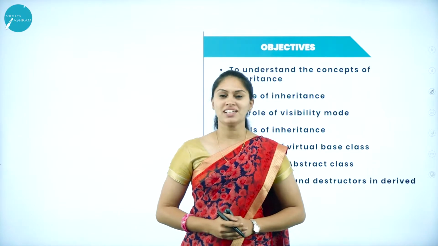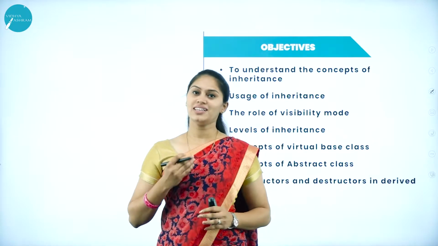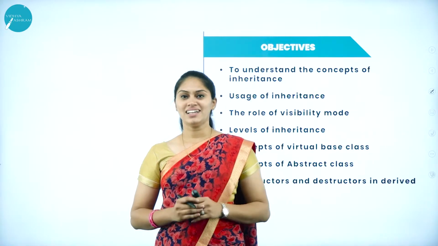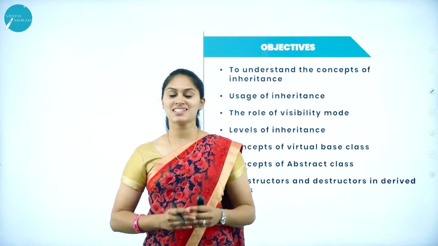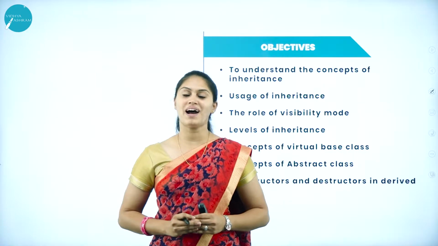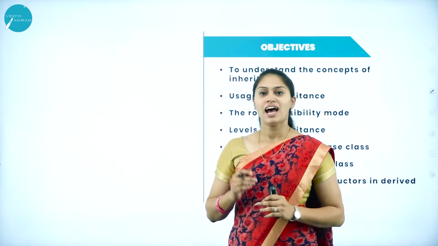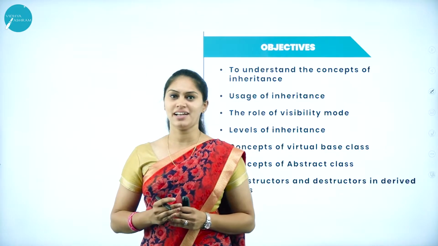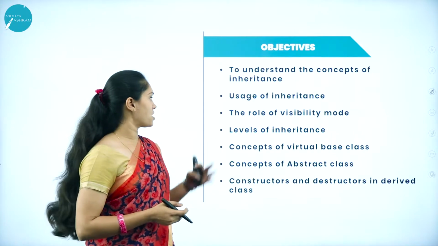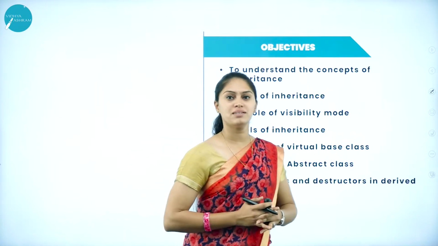Then what are the objectives of this chapter? What are all the things that we are going to learn in this chapter? We'll see now. I am going to discuss some of the introduction regarding inheritance, what the needs of inheritance are, why we require inheritance, how it will be used, and what the role of visibility mode is.